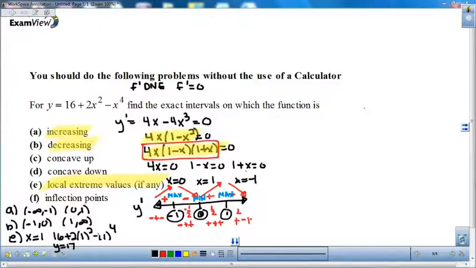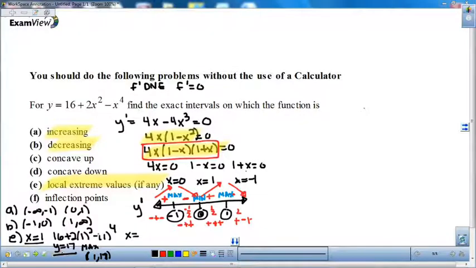So this is going to be 17. So my max, I can write it as a coordinate. I can write it as 1, 17, or I can say my max is 17 and it occurs when x is equal to 1.